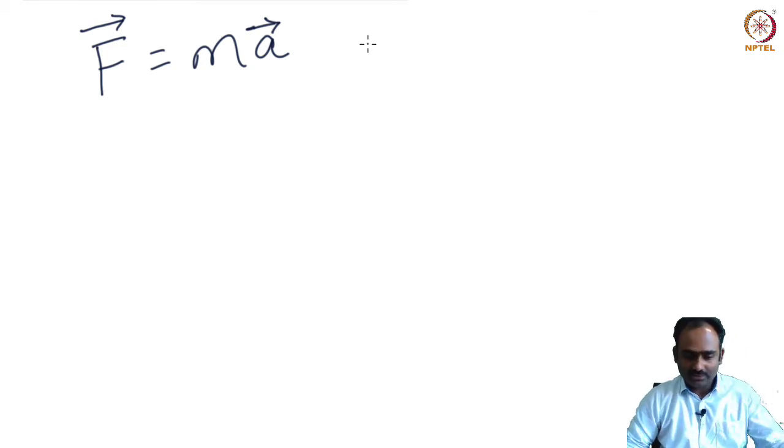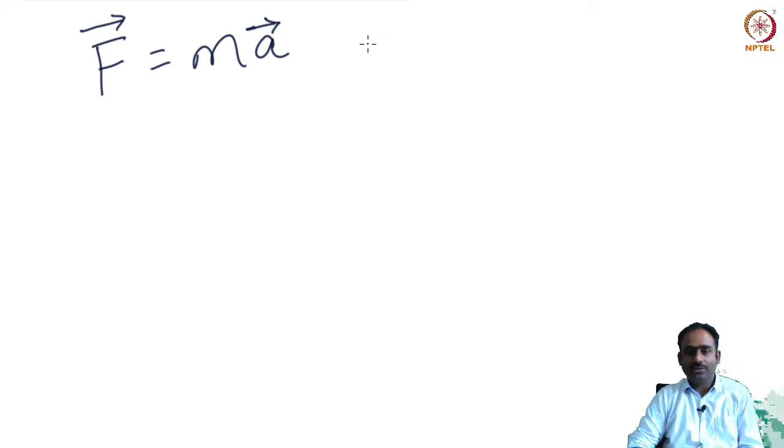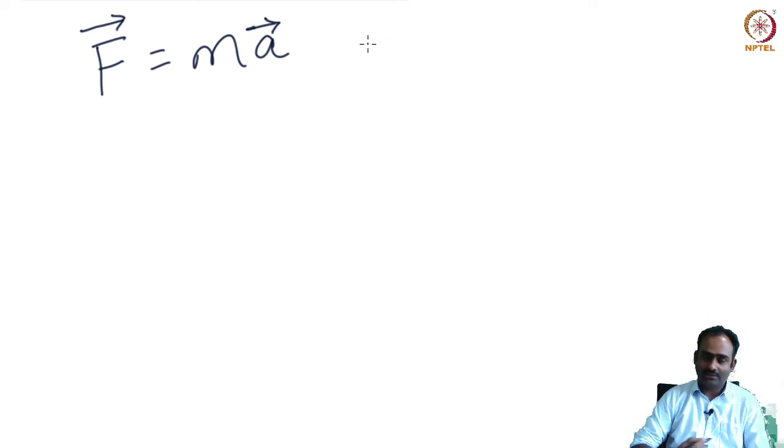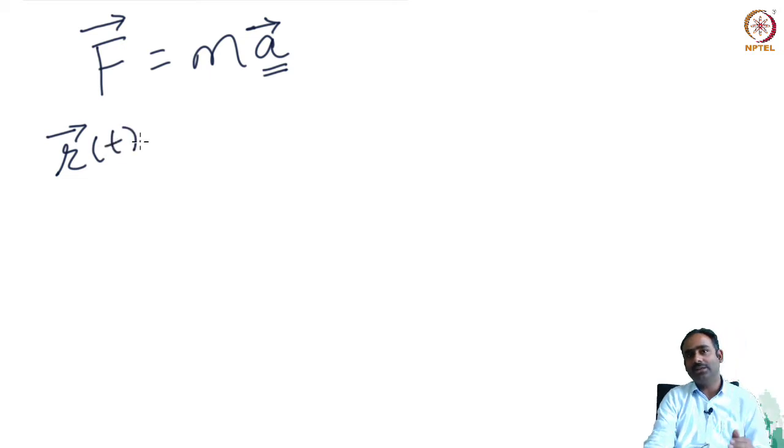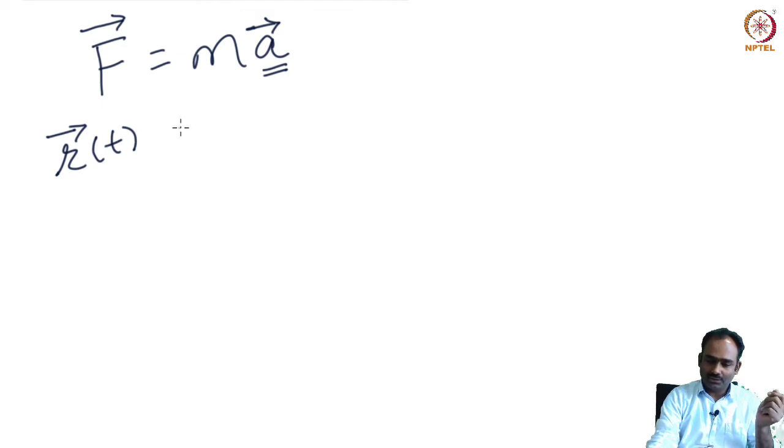Let me write it in a slightly different form, which will be useful to ask further questions. Instead of writing A for acceleration, let me introduce the following notation. I write vector r at any time t to be the Cartesian coordinate of the particle with mass m.